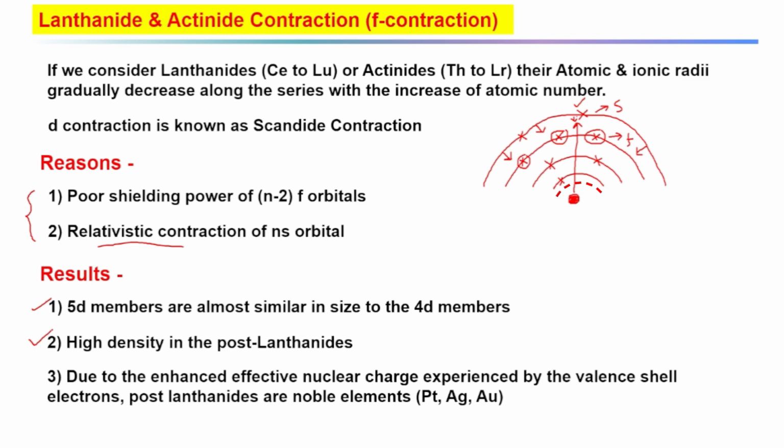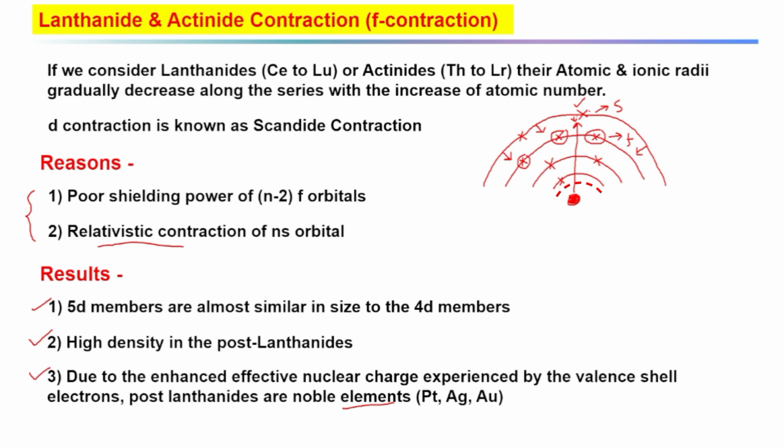So there is high density in the post lanthanides, and due to the enhanced effective nuclear charge experienced by the valence shell electrons, post lanthanides are noble elements. Now let's try to understand this point. You see this nucleus that is attracting these valence electrons.